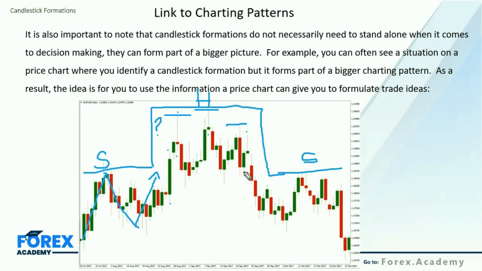So if we're coming to price action like this, where we're getting a bit of a spinning top and a bit of price action which is looking kind of like a shooting star, slightly bigger shooting star, then all of these price actions don't necessarily need to conform to any great extent.